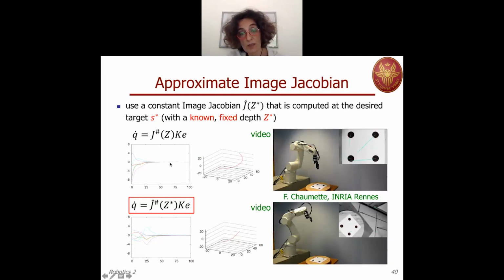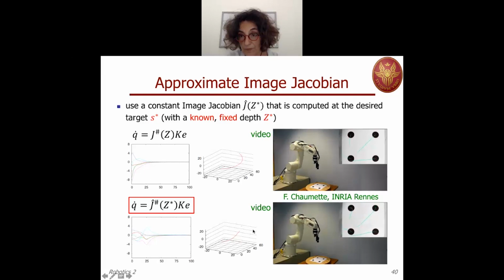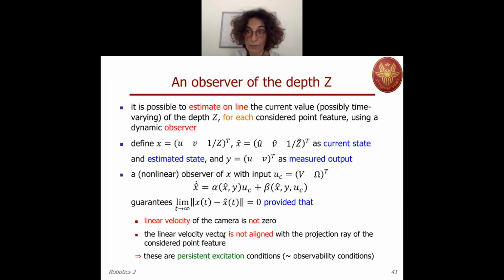And you see that both converge asymptotically to 0, but the trajectories are different, particularly in the transient. So here and here, you see?